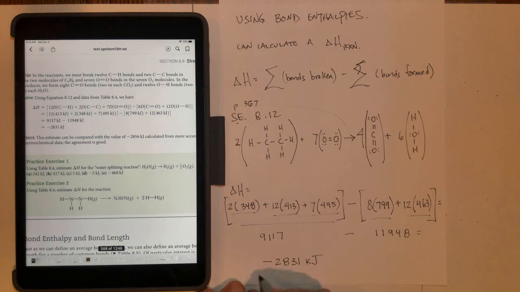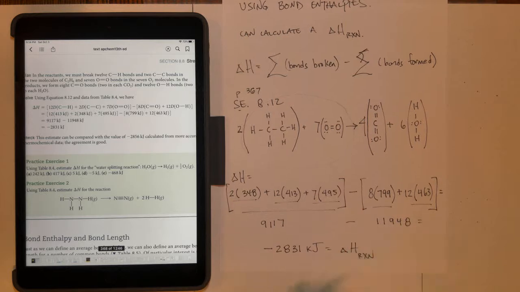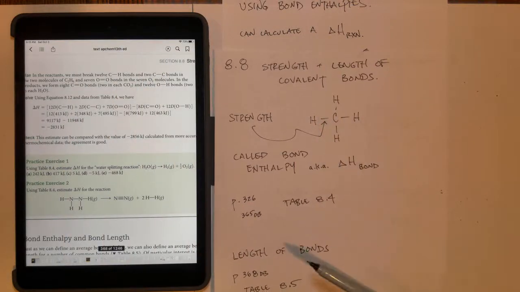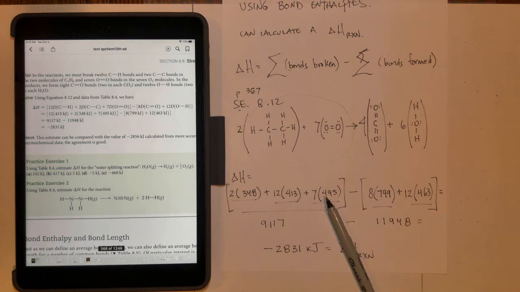This is all measured in kilojoules, and this would be equal to our delta H of the reaction, and we'd be pretty close. So, bond length and bond strength are related in that a short bond is a strong bond, or vice versa, a strong bond is a short bond. And we can use the bond enthalpies to help us calculate the enthalpy of a reaction.